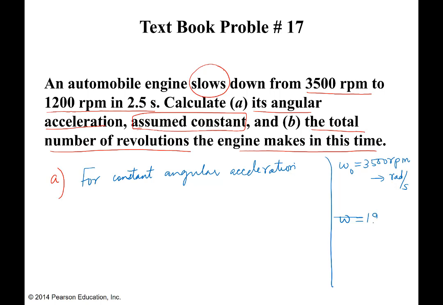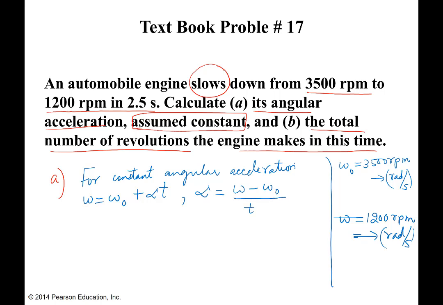Same, do it for the final rotational velocity, 1200 rpm. Convert it into its radians per second value, and then use the rotational kinematic equation. Omega is equal to omega naught plus alpha into t, and get your alpha from here, which is omega minus omega naught over t.